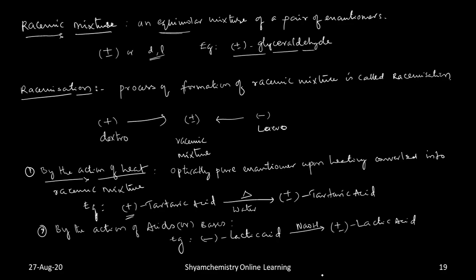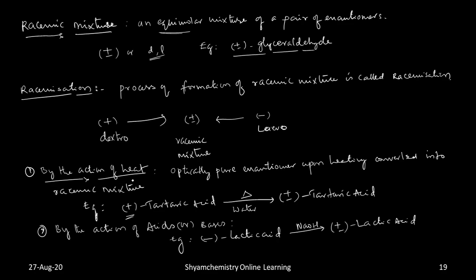So, in these three methods, we can prepare a racemic mixture. The process of formation of a racemic mixture is racemization. Take pure levo and dextrorotatory compounds in equimolar ratio, then mix them up, they will form a racemic mixture.